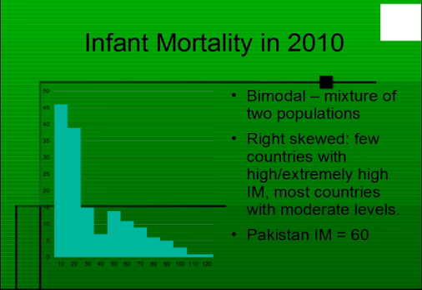So if we look at the picture, it has two things which are clear from this. First of all, this is a bimodal distribution. It seems like there are two groups of countries, a group of countries in which there are good health measures, and these have infant mortalities not beyond 30. 30 is a pretty good number.